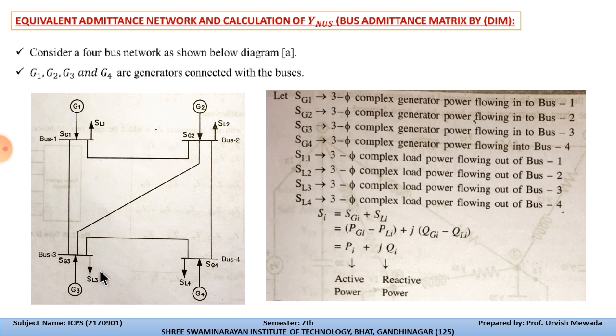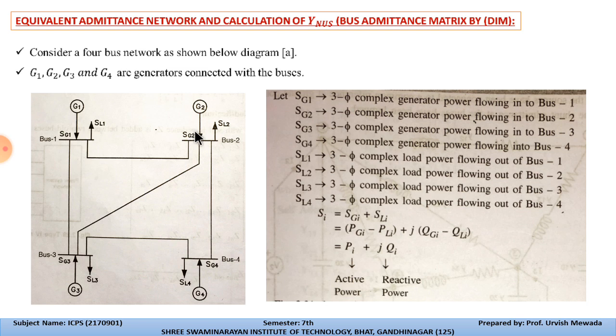This is generator 3, and this is the link connected with the generator bus, bus number 3. This is SL4, again a link between bus number 2 and 4. So this is the interconnection between each and every generating station.